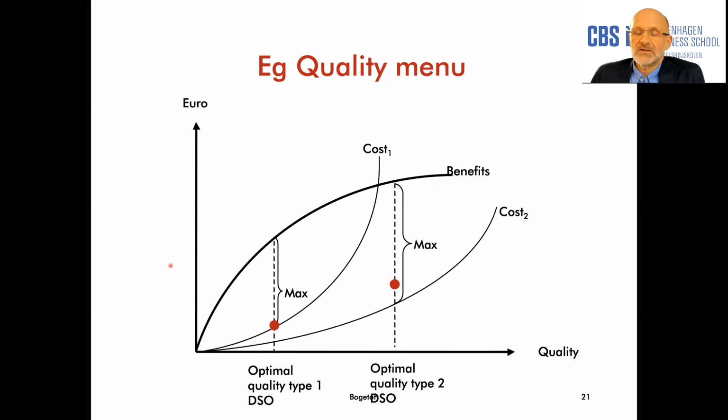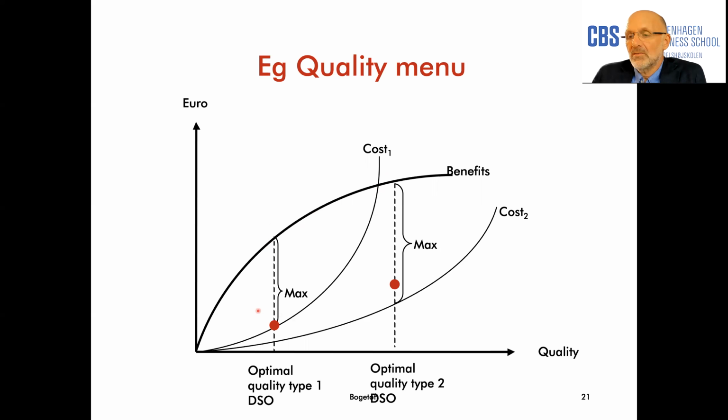Another illustration of this menu of contracts is that you can imagine here that you can provide some quality. Maybe the water can be cleaner or less clean, or it can be some other quality dimension.